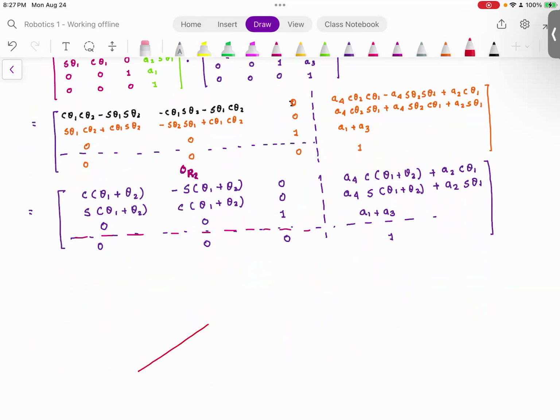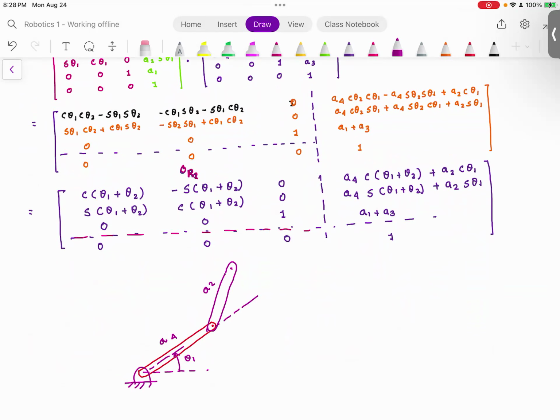So this is your robot. This is your first link. And then there is this second link. Here, this is A4. This is A2. Now please note, this is your theta 1.